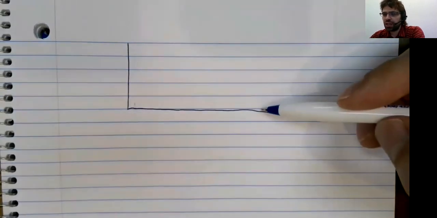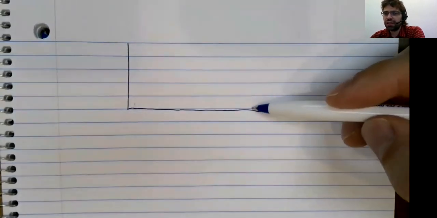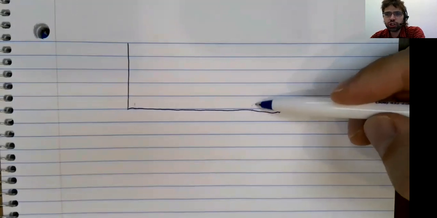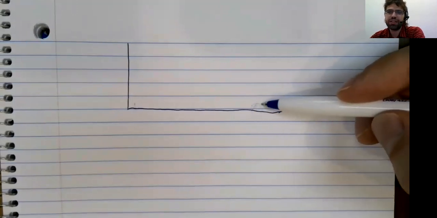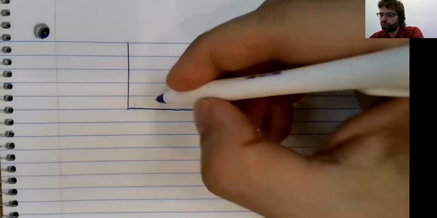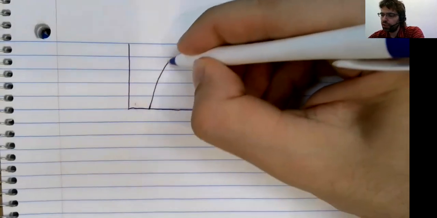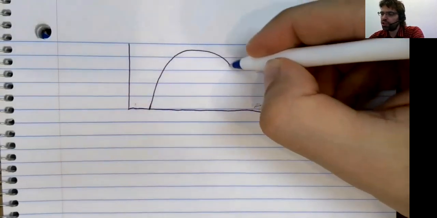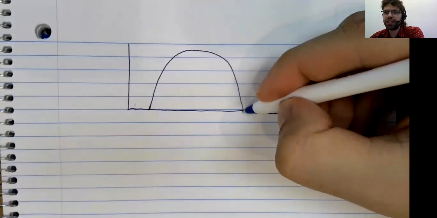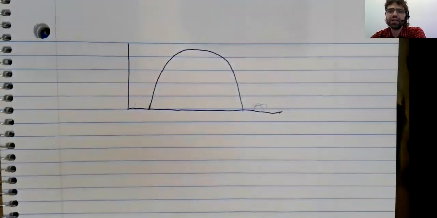At the same time, it's possible that there's too much human activity and they don't do well. So their populations look kind of like this.